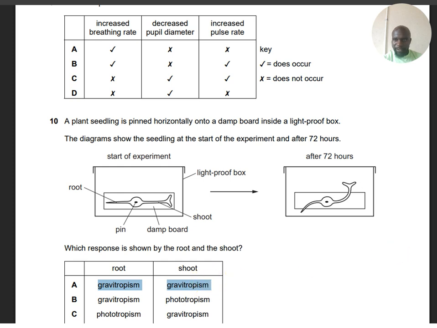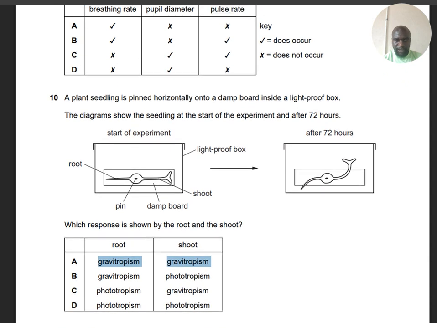Let us check the available options to choose the correct answer. Gravitropism, phototropism. So this should be B, gravitropism as well as phototropism. This one is moving towards the light, and this one is moving towards the ground, the gravity.